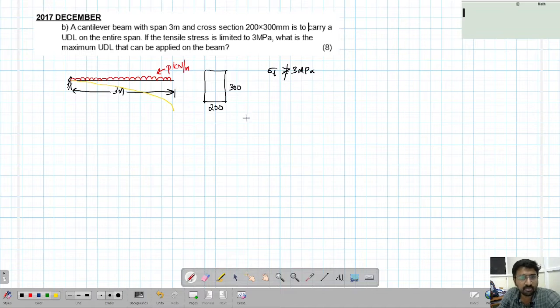Now the bending moment of a cantilever beam under UDL, it is better you remember this, but you can also derive this value. This is basically a UDL. UDL means the bending moment diagram will be parabolic. So it should look something like this.